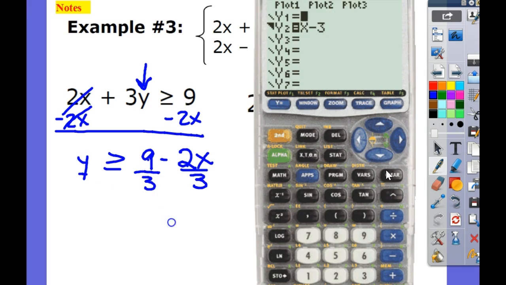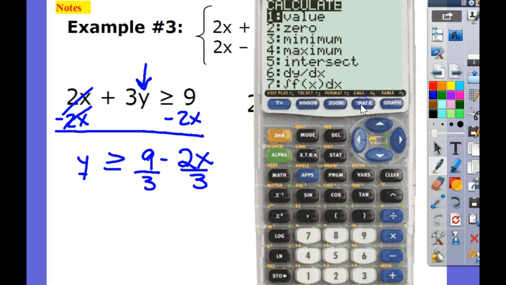It doesn't matter to the calculator. So I'm just going to put it in ugly. I'm going to put 9 divided by 3, it also doesn't matter which one, minus 2x divided by 3. The calculator doesn't care whether it's pretty or not.